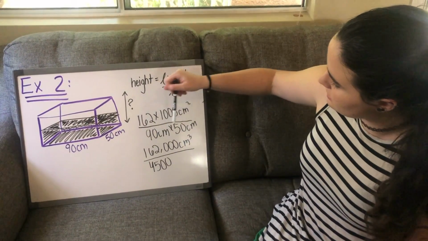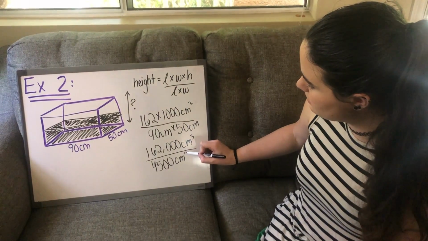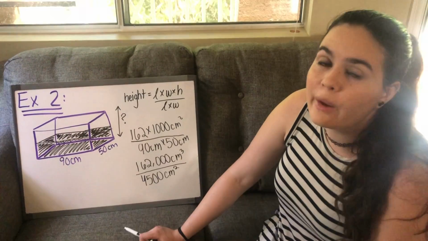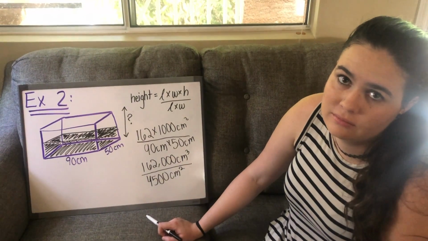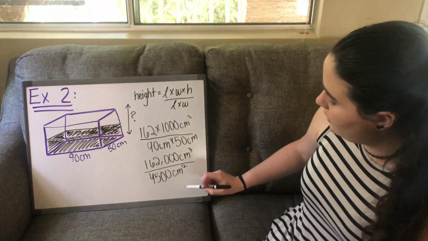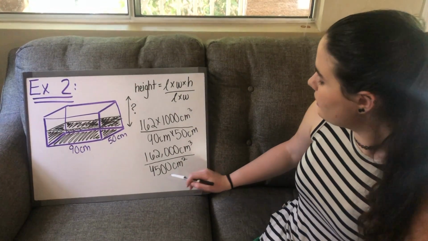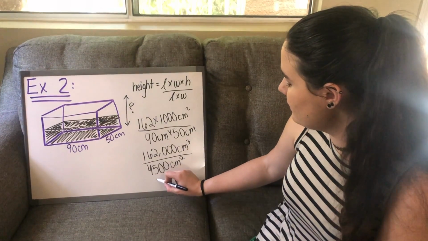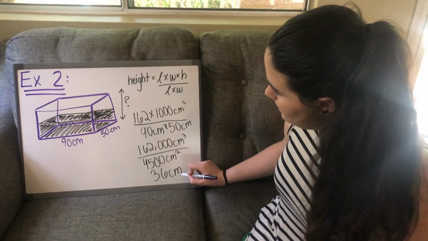And centimeters times centimeters is centimeters squared. Now we can simplify. I want you to go ahead and try to simplify this on your own. 162,000 centimeters cubed over 4,500 centimeters squared simplifies to 36 centimeters.